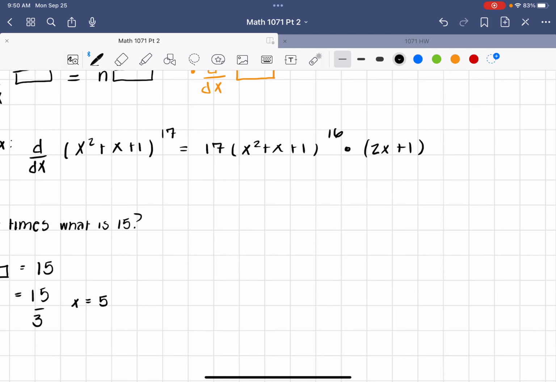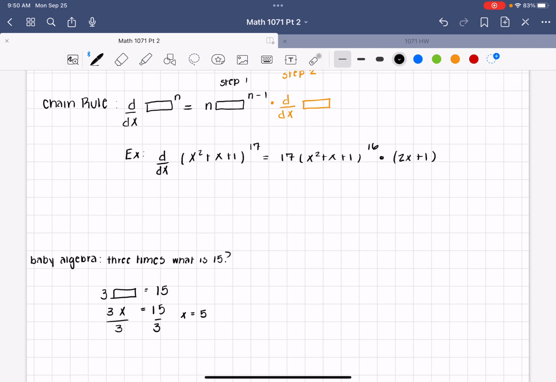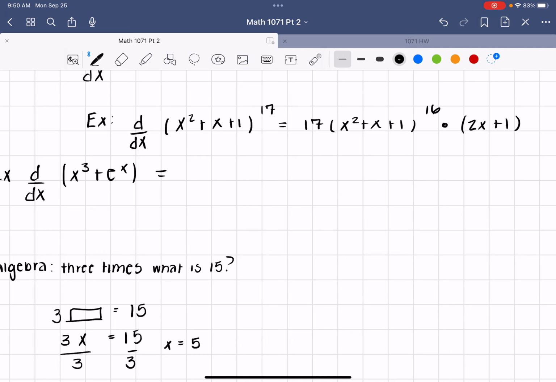Let's make it x cubed plus e to the x, cubed. Okay. Chain rule says, let's first look at parentheses. What is outside of the parentheses? That's your box.